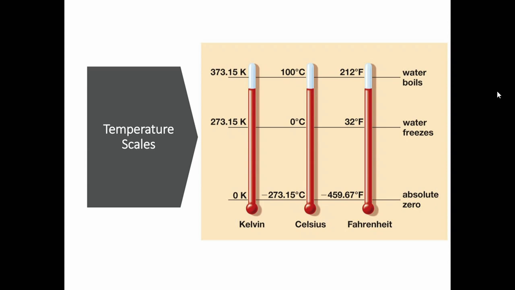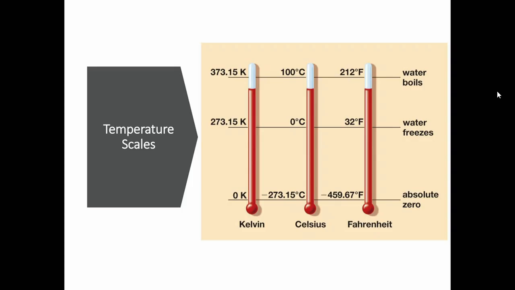So for Fahrenheit, when Fahrenheit, that's the person it's named after, came up with his system, he picked about the coldest day he experienced was 0 degrees, so he called that 0 degrees Fahrenheit. And the human body temperature is about 100 degrees Fahrenheit, and so he called that 100.